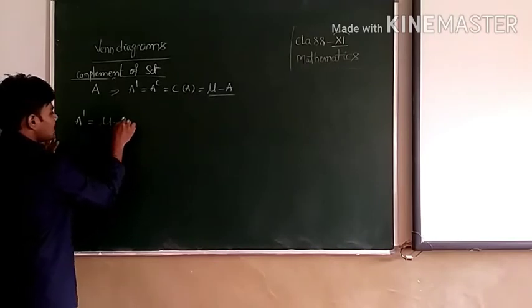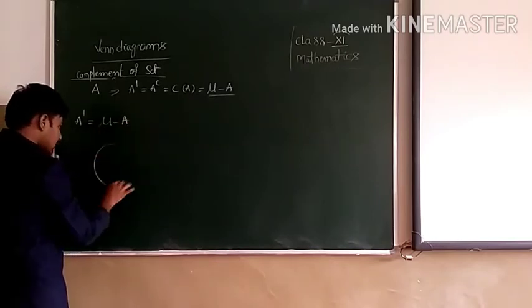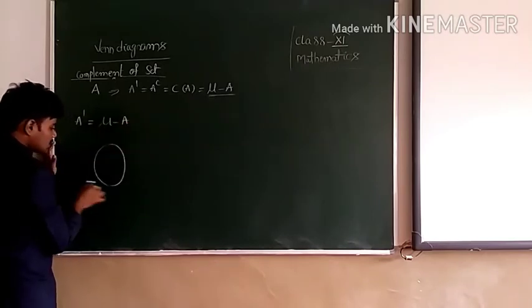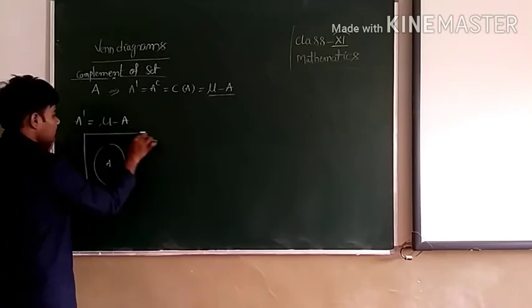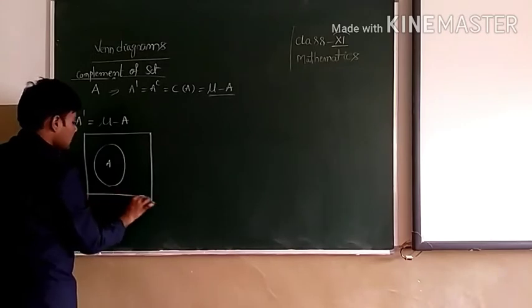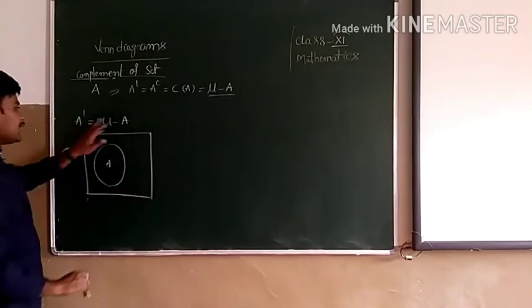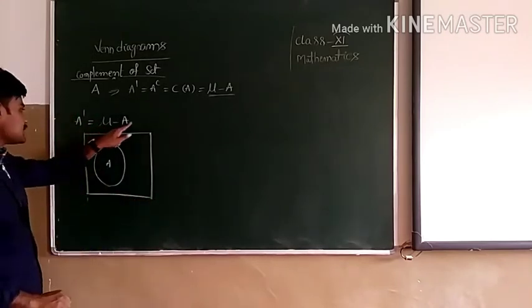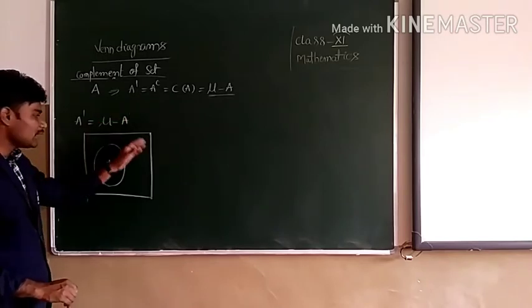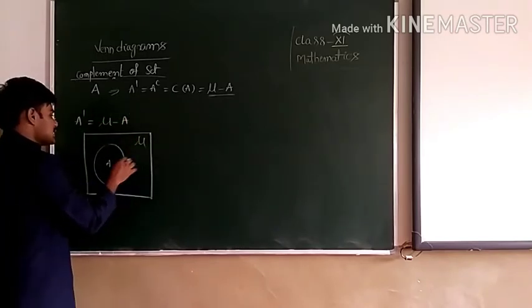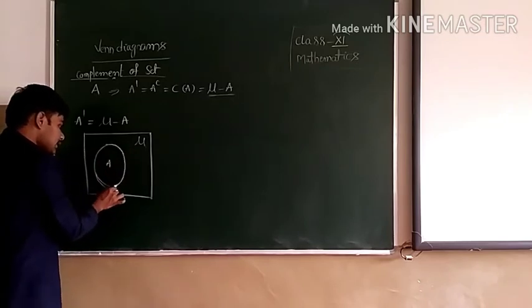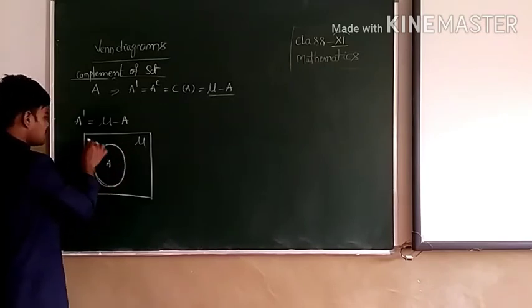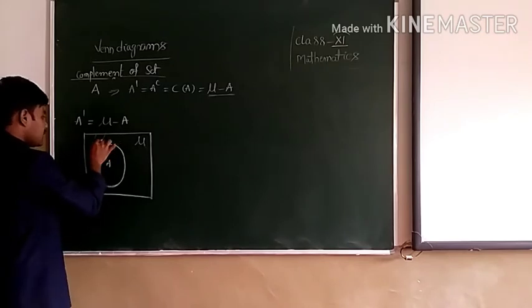So for this Venn diagram, this is set A, this is set mu, the universal set. For A complement we need to calculate mu minus A. Just subtract set A from the universal set, right? So we have to leave this total part, set A. What is the remaining part except set A?